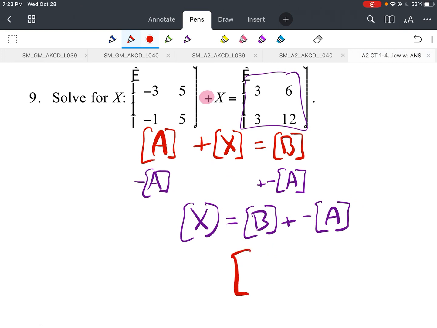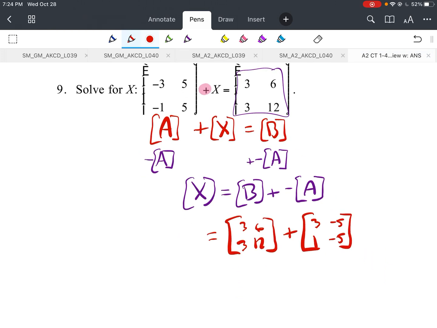So let's just write that real quick. B would be 3, 6, 3, 12, and negative A. Well, negative A, if I multiply that negative through there, it's going to be the opposite sign. So this is 3, negative 5, positive 1, negative 5. Now we'll add those up, and this will give me what X is. So just add the things that are in the same place.